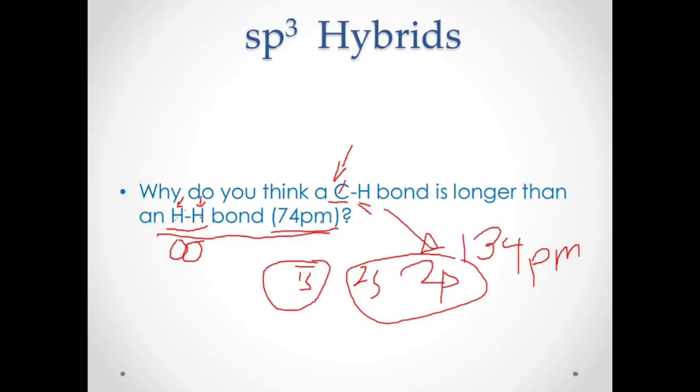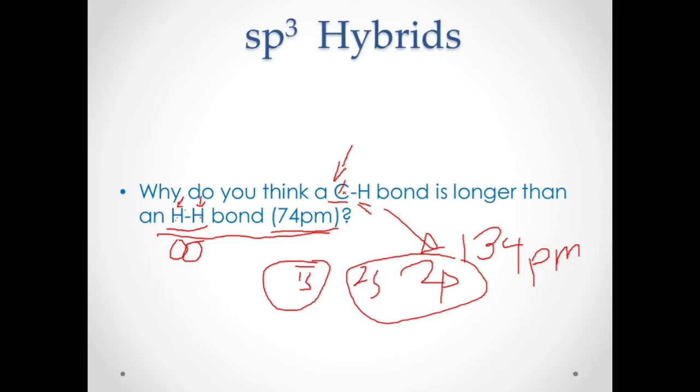The electrons are just moving there, and also the nucleus of your carbon contains protons. So this will make a stronger repulsion towards your hydrogen, because there are a lot of protons in the nucleus.